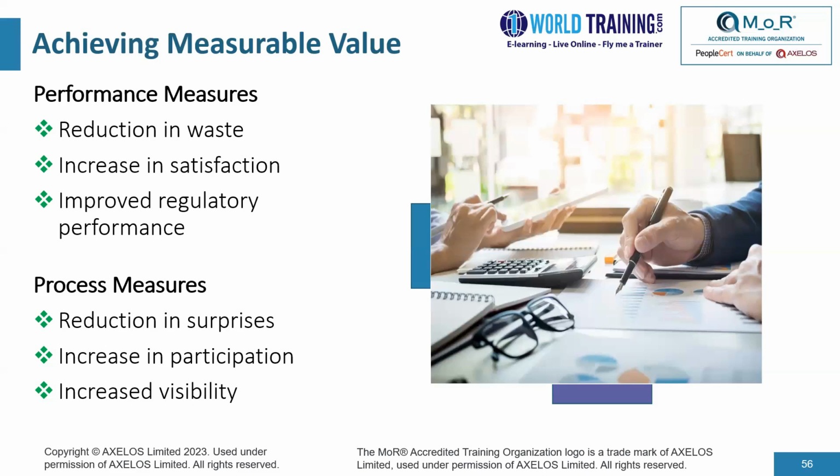Under the performance measures, we have examples: reduction in waste, resources used to physically rework goods or repeat services reduces, as does management time spent to resolve actual problems or issues. That's reduction in waste. And then increase in satisfaction.